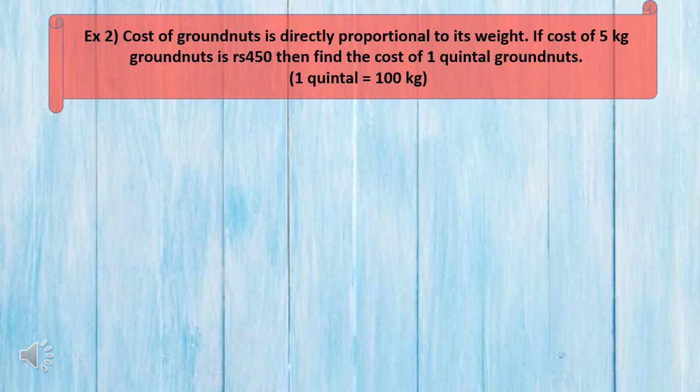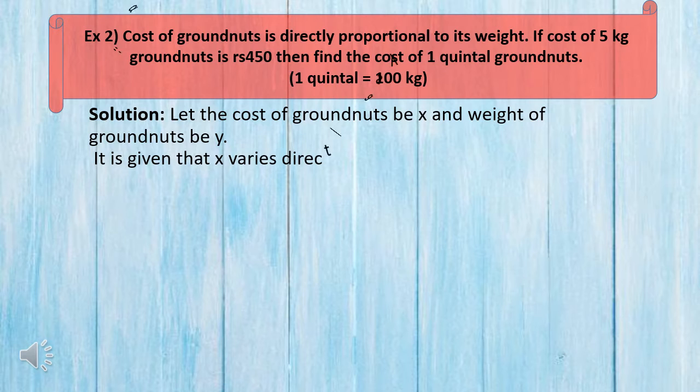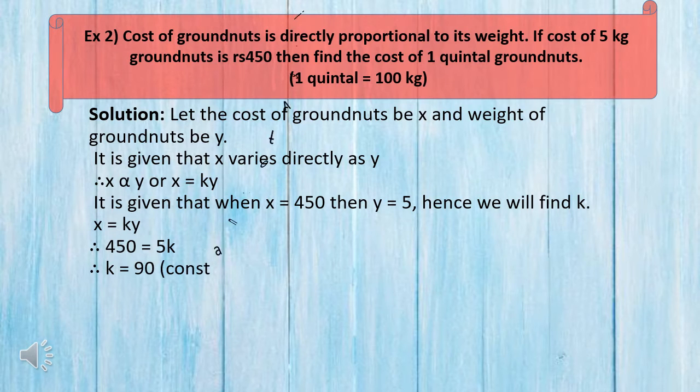First, let us consider that the cost of groundnuts be x and the weight of groundnuts be y. It is given that x varies directly as y. So the first statement, the cost of groundnut is directly proportional to its weight, simply says that x varies directly as y.